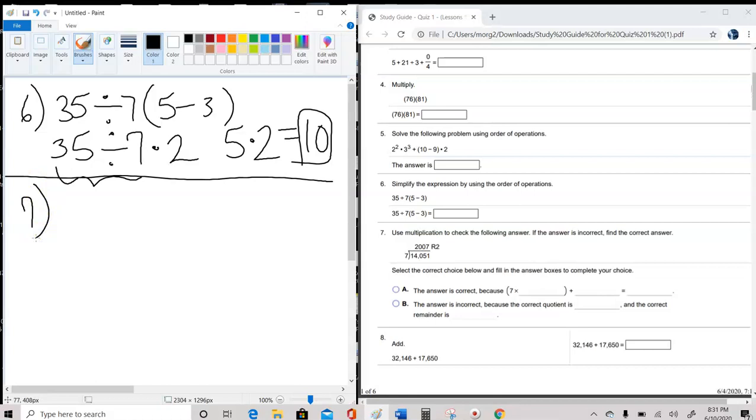Question 7, use multiplication to check the following answer. If the answer is incorrect, find the correct answer. To start, multiply 2007 by 7.